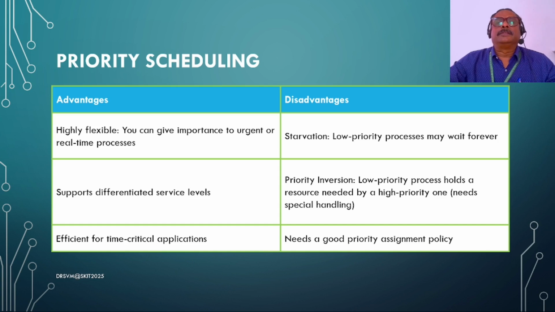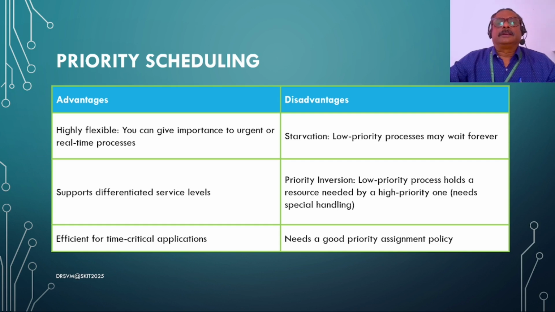We look into this in detail in the coming sessions, and we need to have a very good priority assignment policies. We need to say, among all the processes, which process should get highest priority, which process can get lowest priority. So there has to be some proper protocol for deciding this, otherwise it may create havoc.